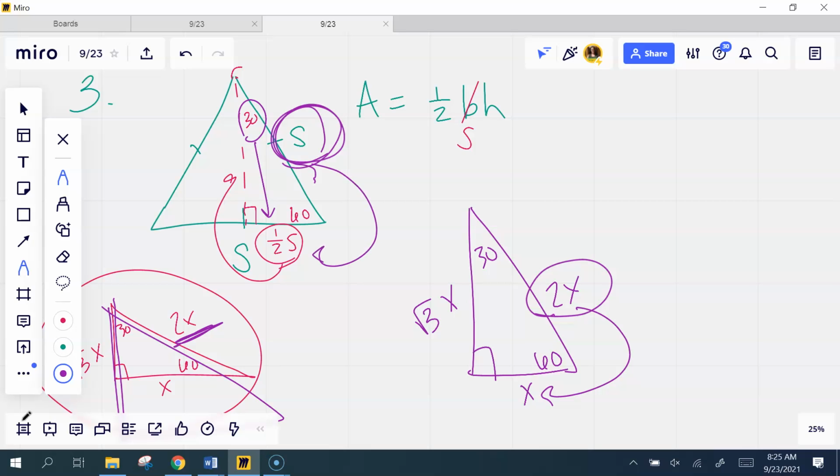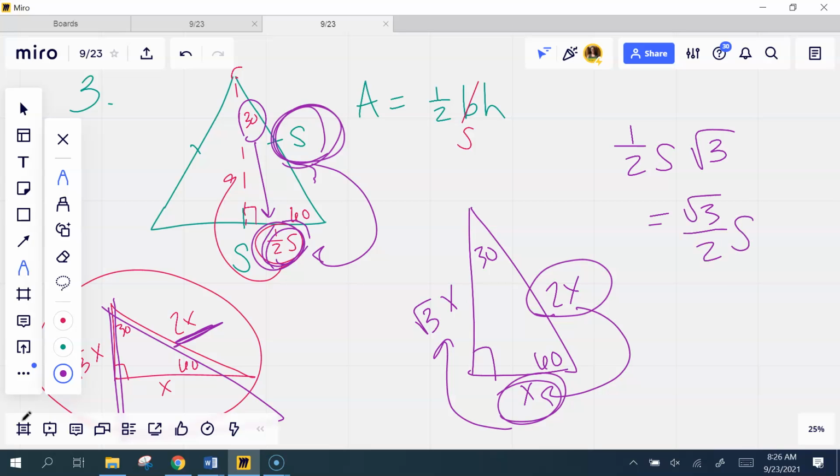That's where I get 1/2 S. Now I take the short leg and multiply by the square root of 3. So my height is actually square root of 3 over 2 S.